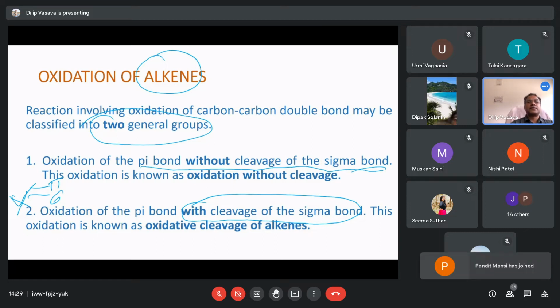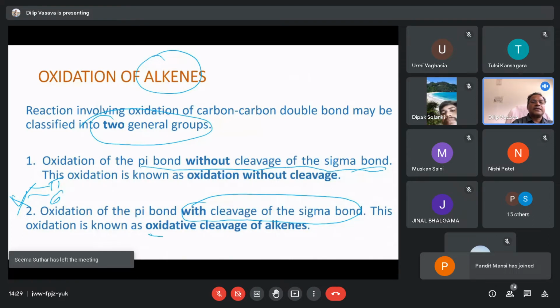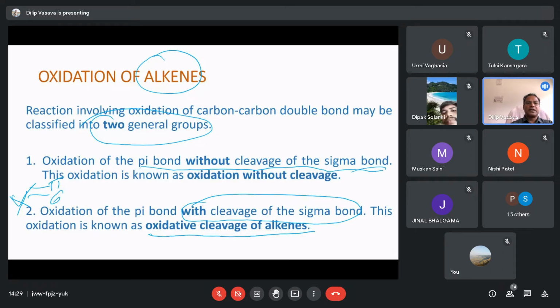In that case, we could say that the oxidation is known as the oxidative cleavage. So without cleavage of the sigma bond, and with the cleavage of the sigma bond, these 2 types are there. Now we are looking at the oxidation of the alkenes.